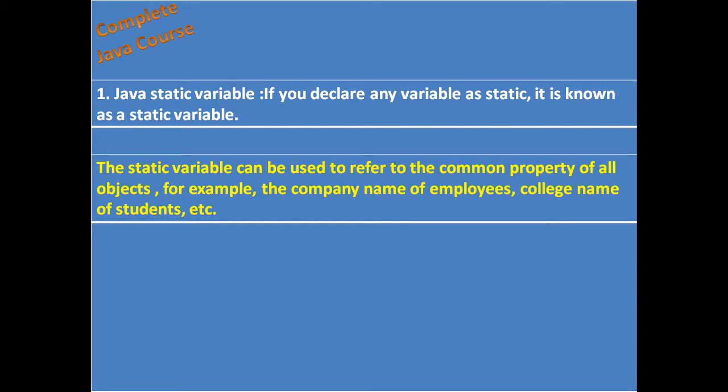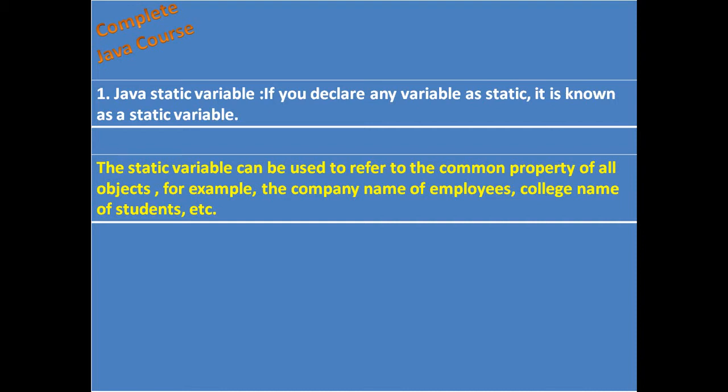Okay, so suppose you are creating a class and you want to define a company name. Then the company name should be defined as static, because n number of employees work in the company, but the company name will be the same.